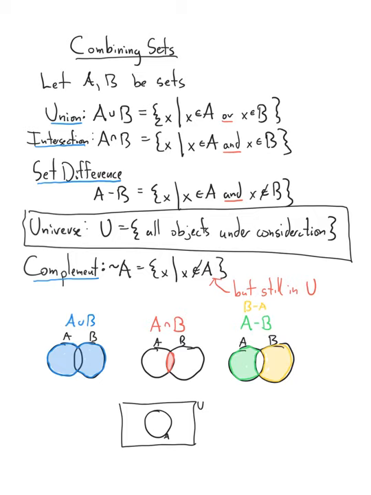We call that the universe. We usually use the notation capital U for universe, not always, but often we do. And it's just all objects under consideration for our purposes. So the complement is just everything not in the set A, but still in your universe.